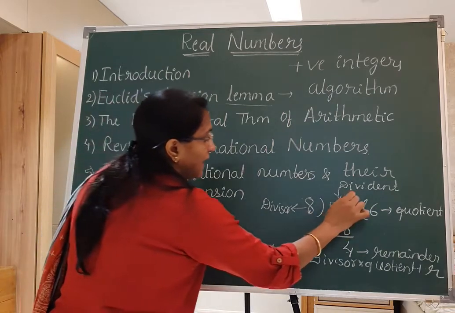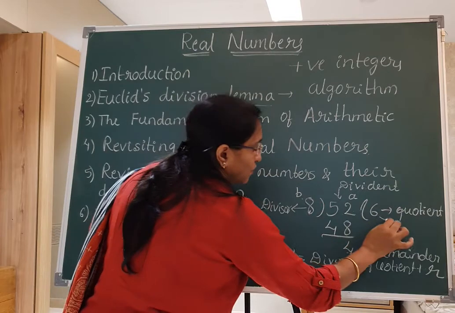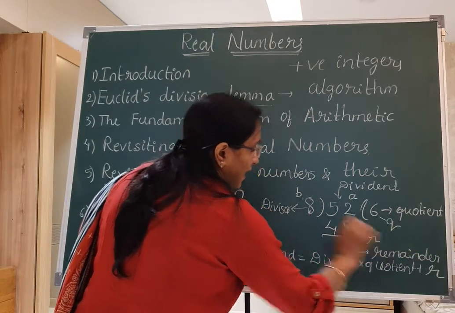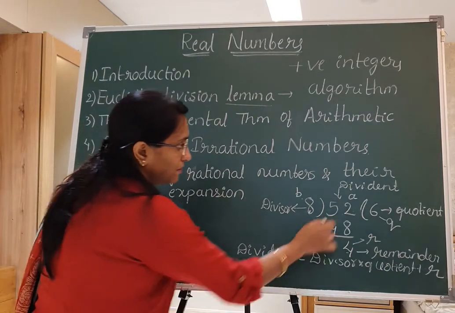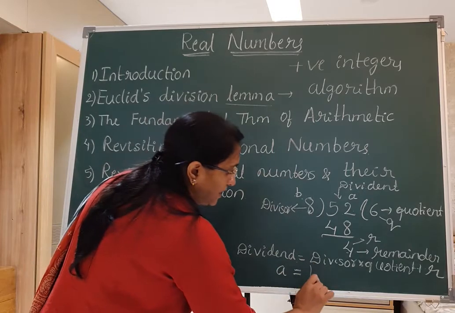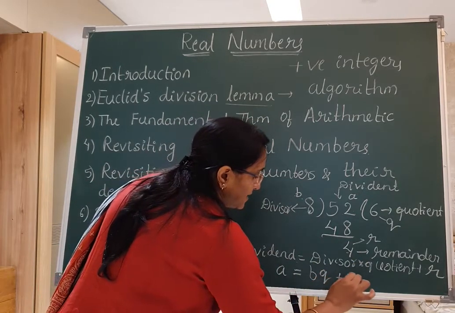Suppose this number I will take as A, this is B, the quotient is denoted by Q and the remainder is denoted by R. Then this relation becomes A is equal to BQ plus R, where B is the divisor, Q the quotient and R the remainder.